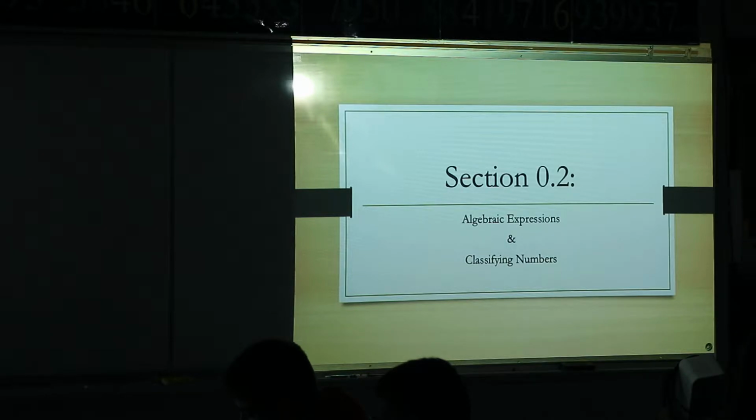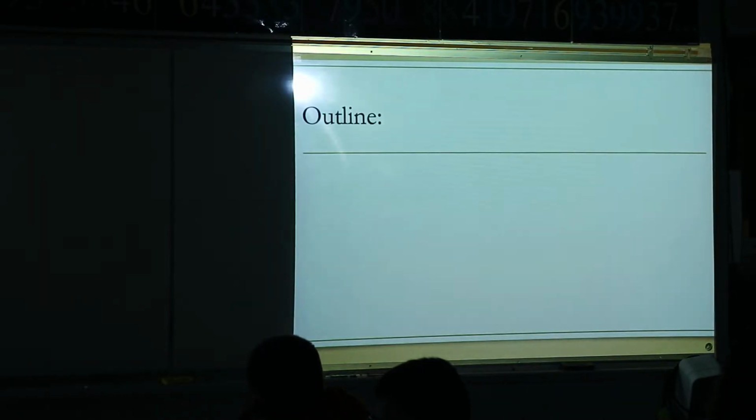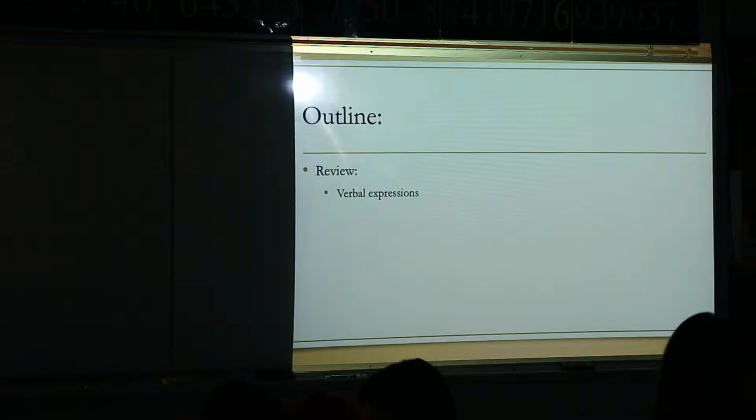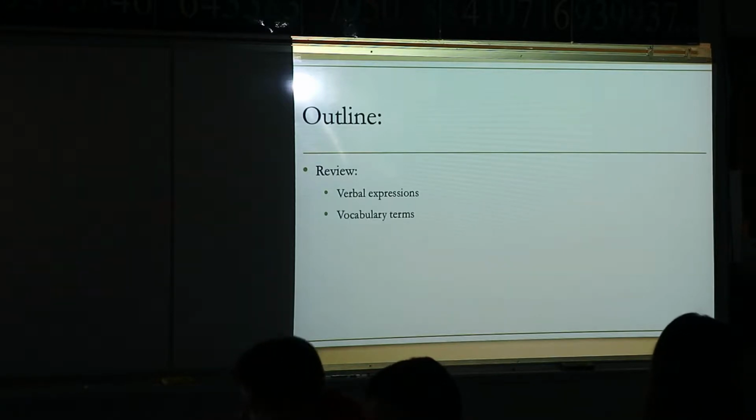Okay. All right. So algebraic expressions. Let's go through this. So here's my outline today. I want to do a quick review of verbal expressions, those keywords we talked about yesterday, because we're going to need those. We're going to actually use those today a little bit. Next thing, obviously the vocab that goes with those expressions, I want to review that. Now we're not going to go in depth as far as I want.